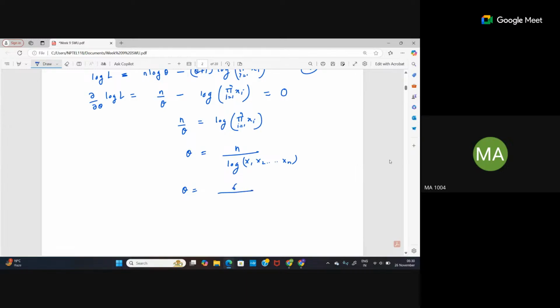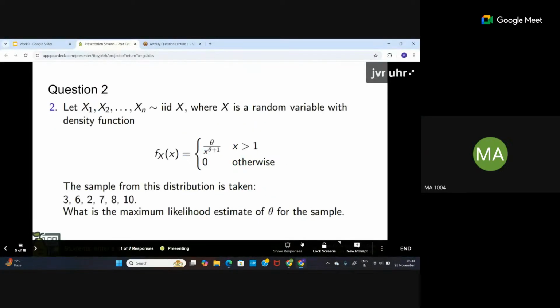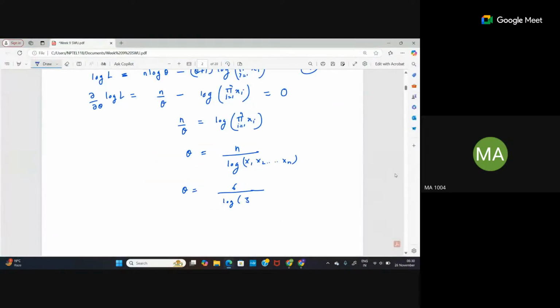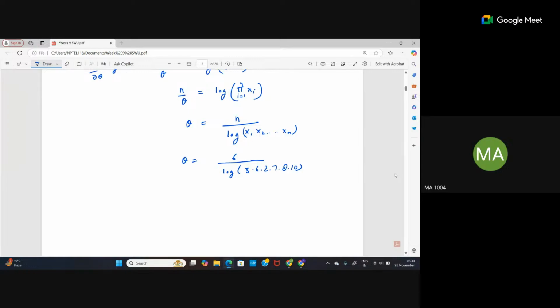So 6 divided by log of the product of all the numbers given in the question. Now solve this equation and give me the value.